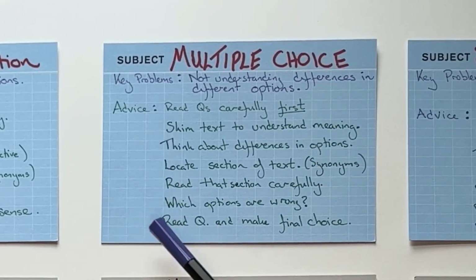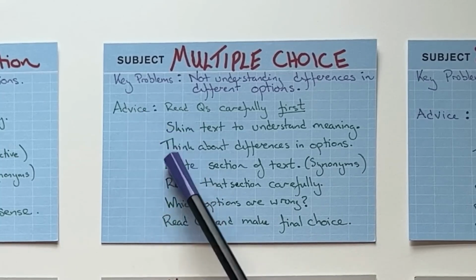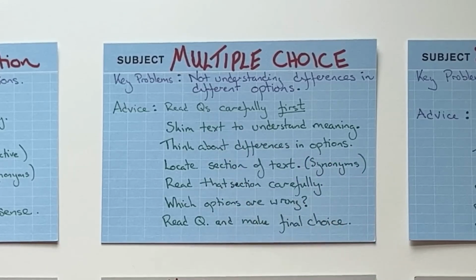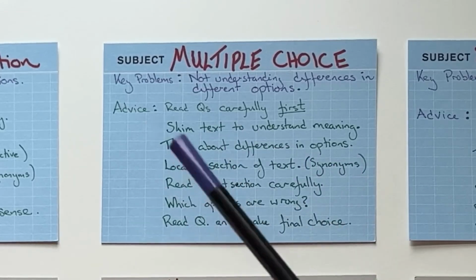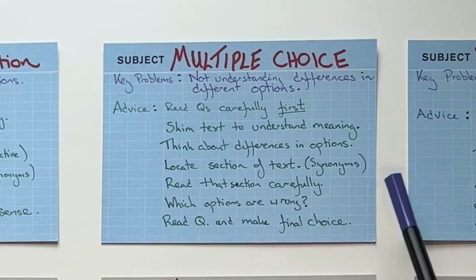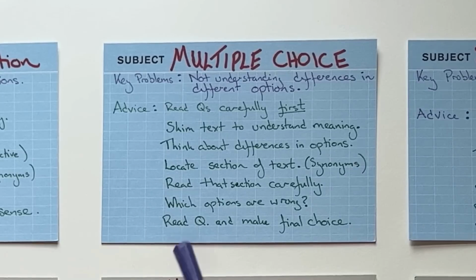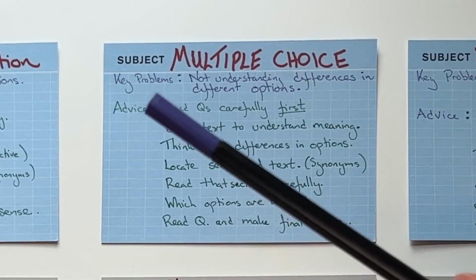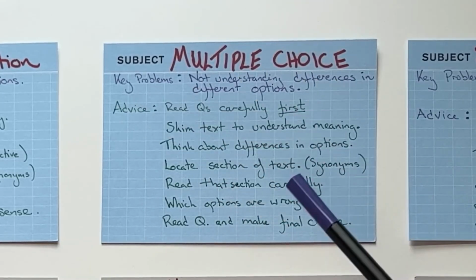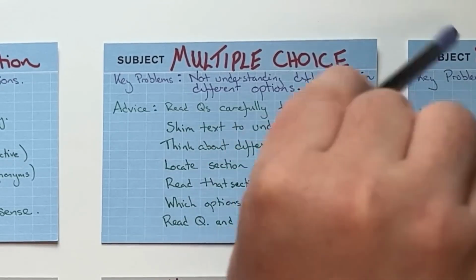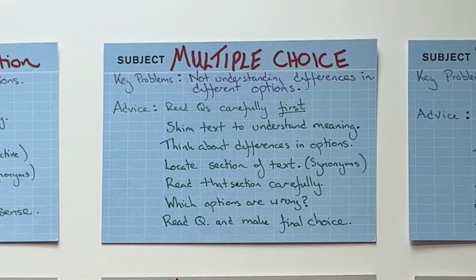Then we're going to take each question and we're going to locate the section of the text, being aware of synonyms for that particular question. So if it's question 24, you're going to look at question 24, look at the information in there, look at the text and decide, okay, this is where the correct answer is. I haven't decided the correct answer, but I know the location of the correct answer.